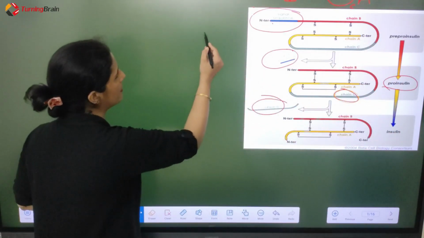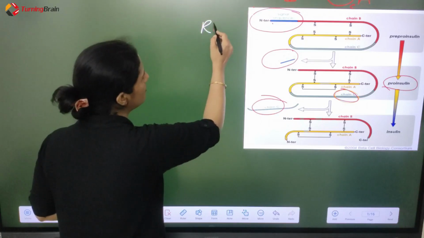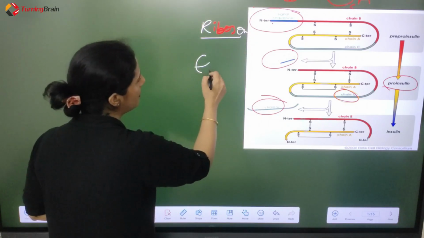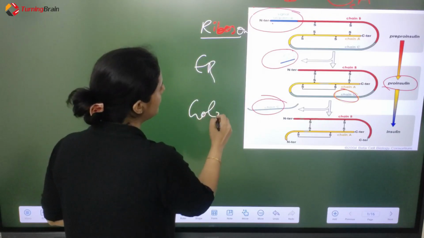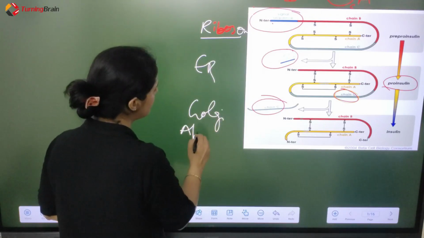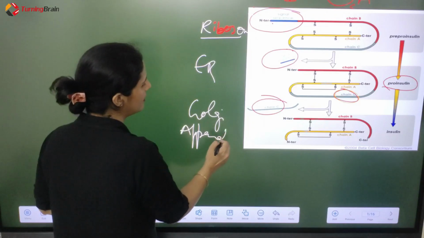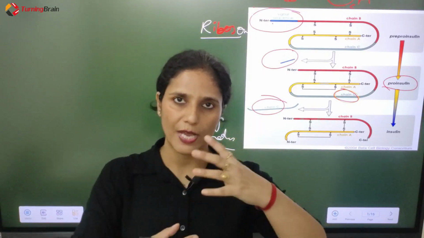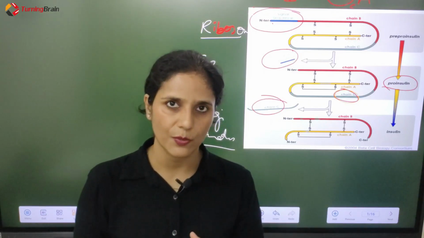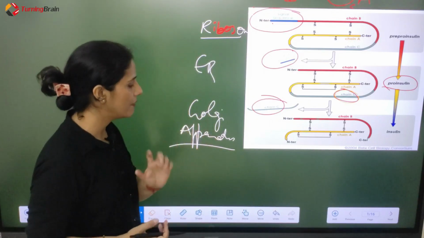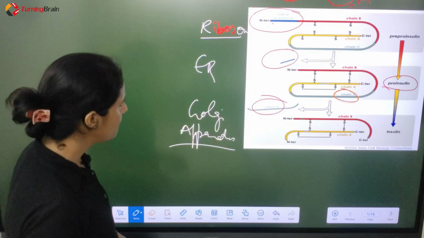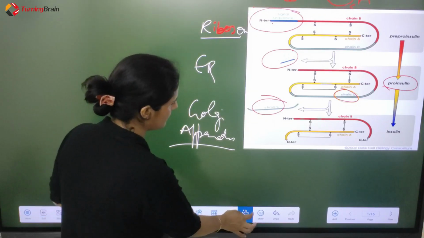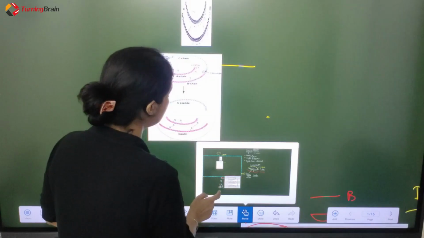This is made at the ribosome, formed at the level of the ER, and then the Golgi apparatus. At the level of the Golgi apparatus, final cleavage and final folding occur. The A chain and B chain fold together and make a 3D structure of the insulin. So this is formed at the level of the Golgi apparatus. Now just see this diagram.